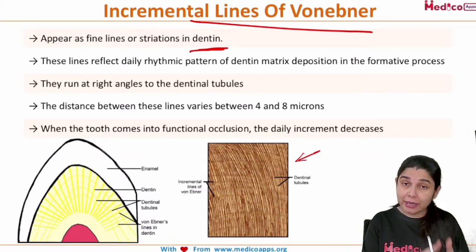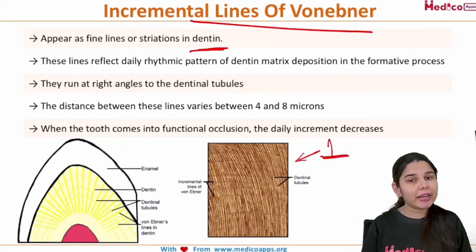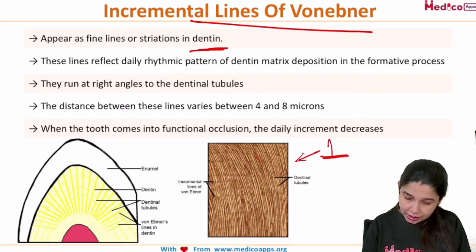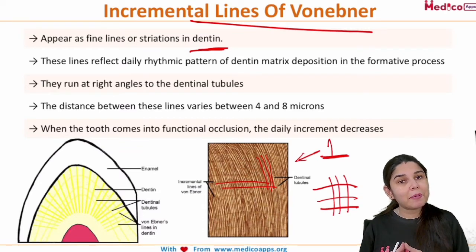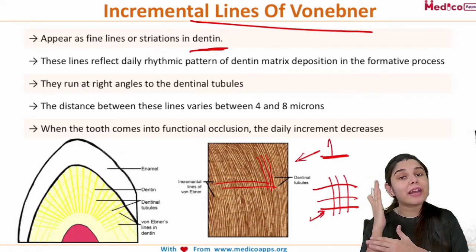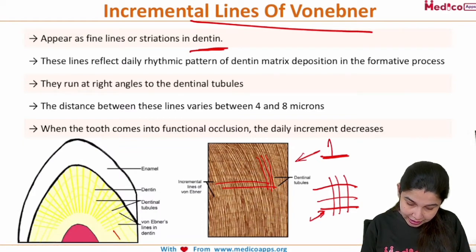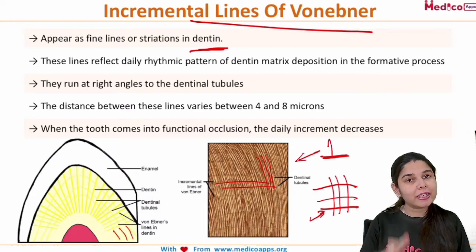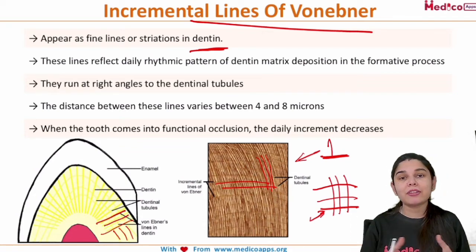So the incremental lines of Ebner are present at right angle to the dentinal tubules. As you can see, the vertical lines are the dentinal tubules, and the horizontal lines are the incremental lines of Ebner.